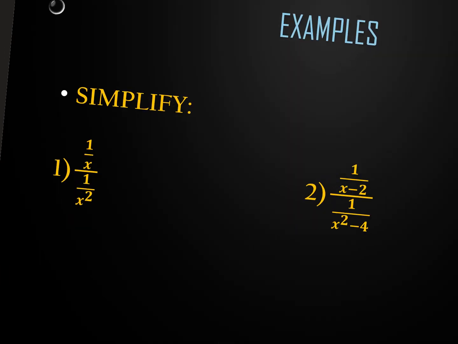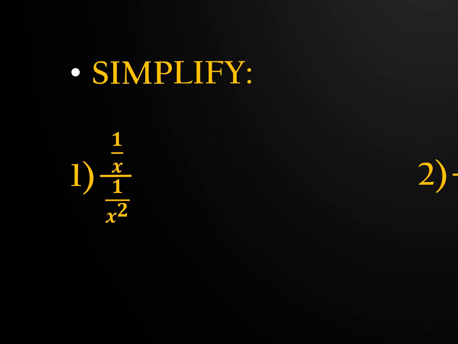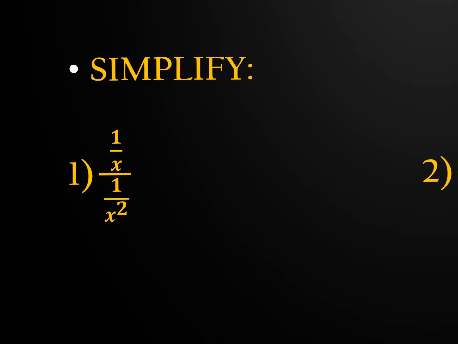So here we go. What we're going to do is simplify the numerator, simplify the denominator, then keep, change, flip. These first few are pretty simple, pretty straightforward. So do you guys see that right here?